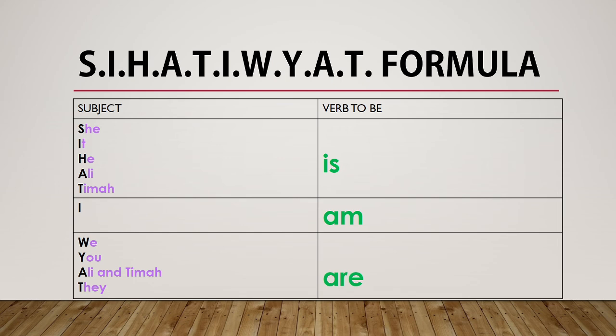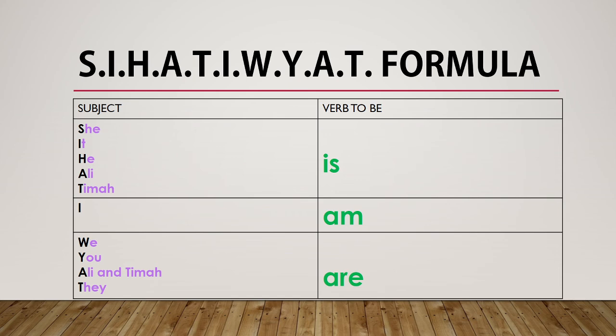I am giving you 20 questions for this. The exercises are very simple. For the first 10 questions, I'm giving you multiple choices of answer, so you have to choose the correct verb to be. For example, the question: "She, blank, a teacher."